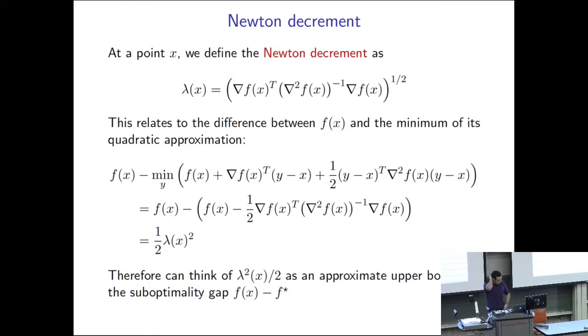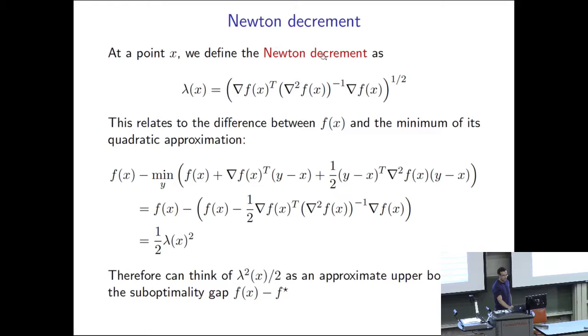Okay, one other thing that I wanted to define is something called the Newton decrement, which is a helpful thing to know about for Newton's method. So the Newton decrement we can define at any iteration of Newton's method as the gradient transpose, the Hessian inverse, of the gradient. That's the square of the Newton decrement.